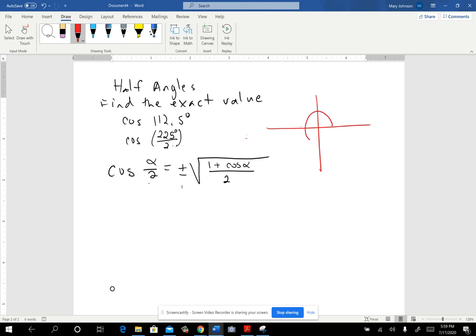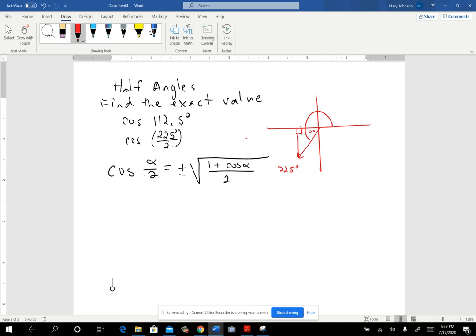All right, so 225 is here. This is 45 degrees, so it's the reference angle for that. And drop your perpendicular right there. So I'll be able to figure out the exact value for the cosine of 112.5 by using this formula together with what I know about the cosine of 45 degrees.